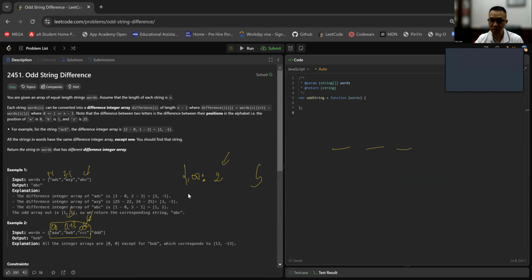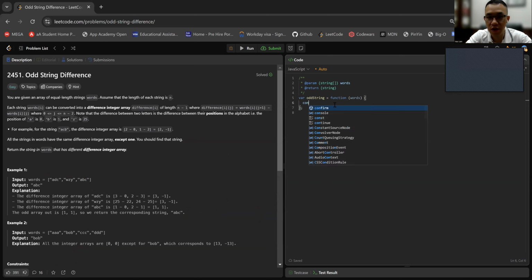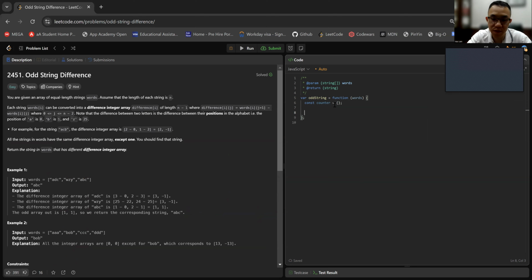Okay, so that is pretty straightforward. Let's just code this up. We're going to have a counter, which is going to count the quantity of each difference. We have to keep track of the first word and the second word, and of course they're going to have a key, which is the difference.